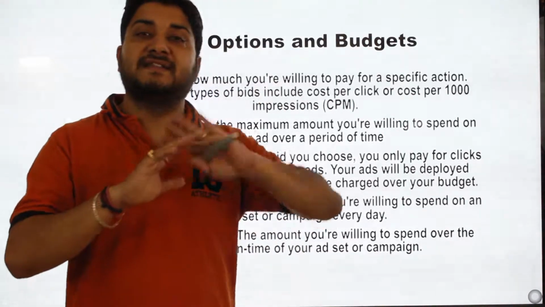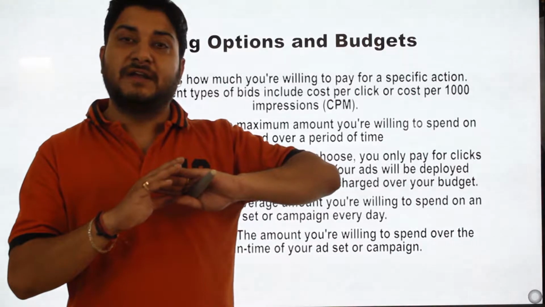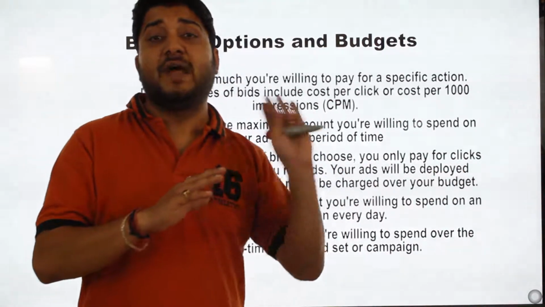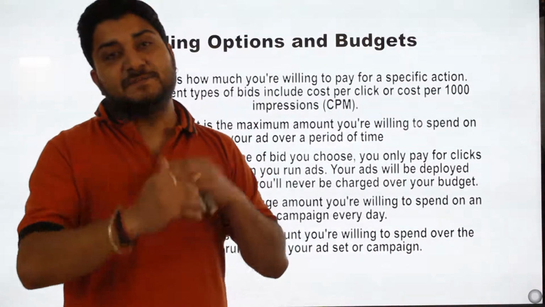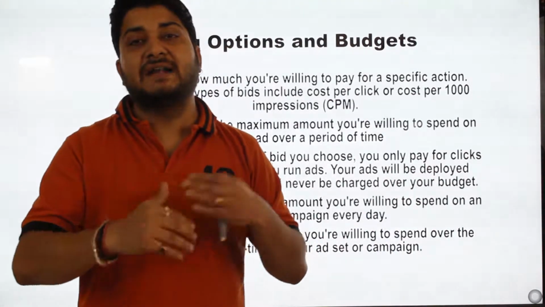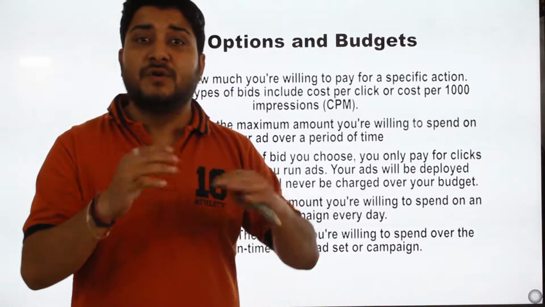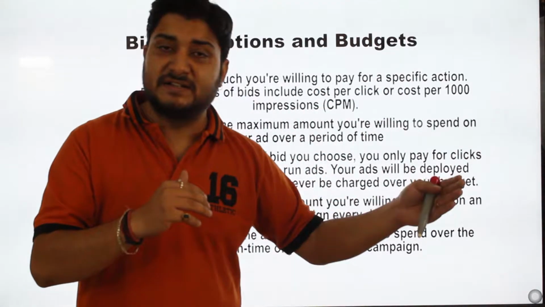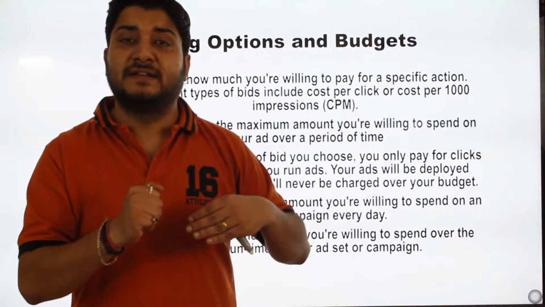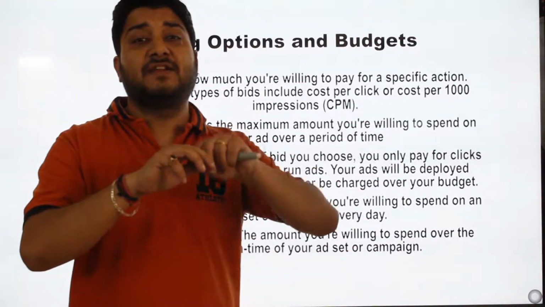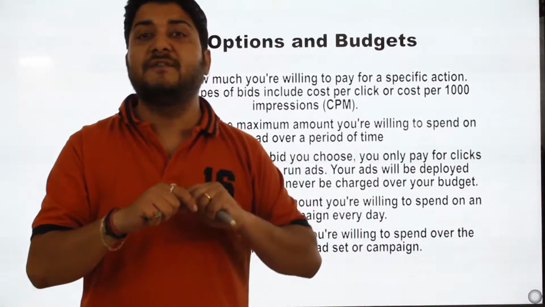You have defined that as the lifetime budget, for whenever the campaign is running, with no end date defined. Facebook would be displaying your ad evenly and will start charging you for that specific campaign.